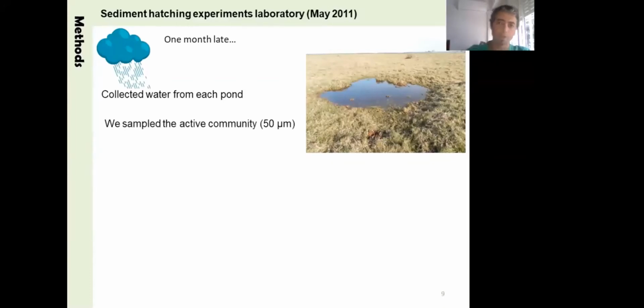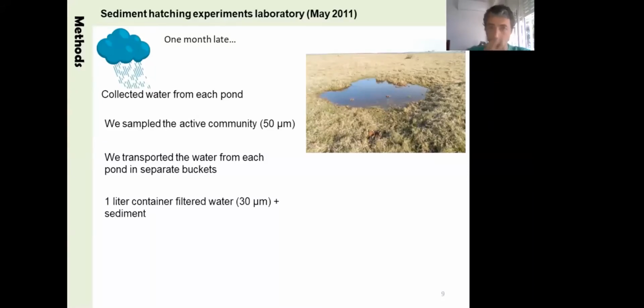Of course, we filtered this water through a 50 micrometer mesh, and we collected the zooplankton present in each pond to sample the active community. We fixed these animals in alcohol for later analysis. We transported the water in separate containers to the laboratory.